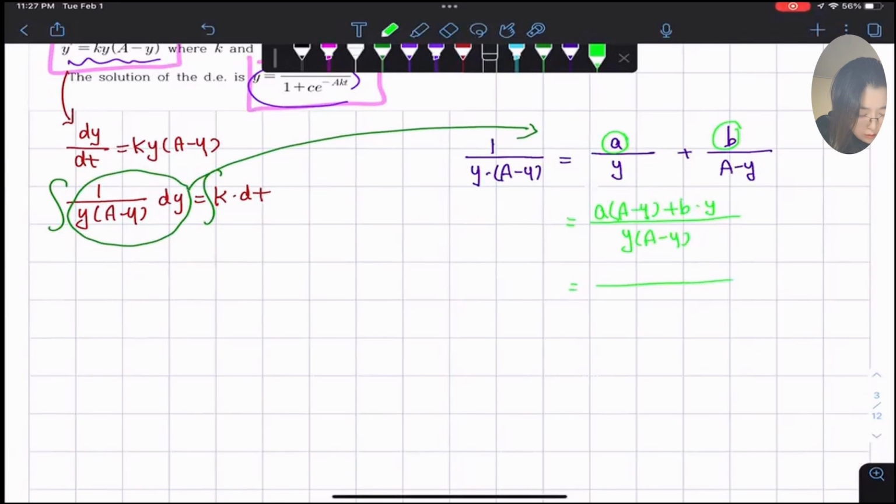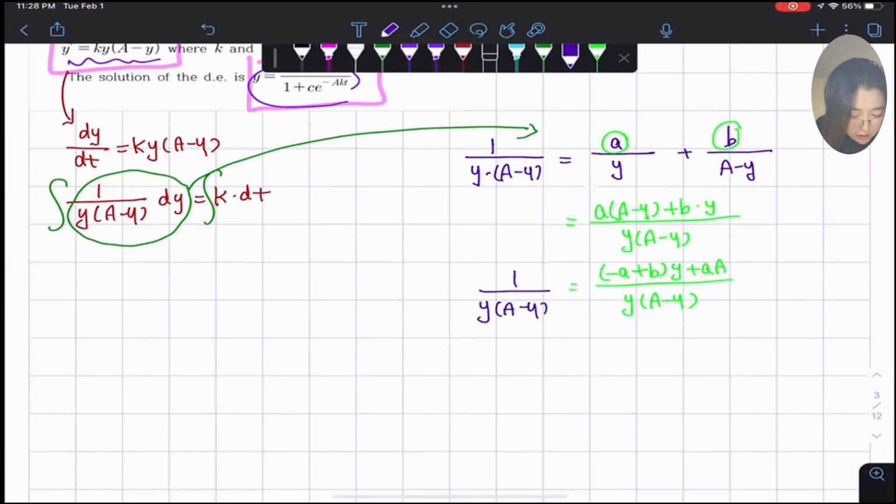So, combine same variables like (minus a plus b) y plus small a times A over y times (A minus y). This is the same as the first part.